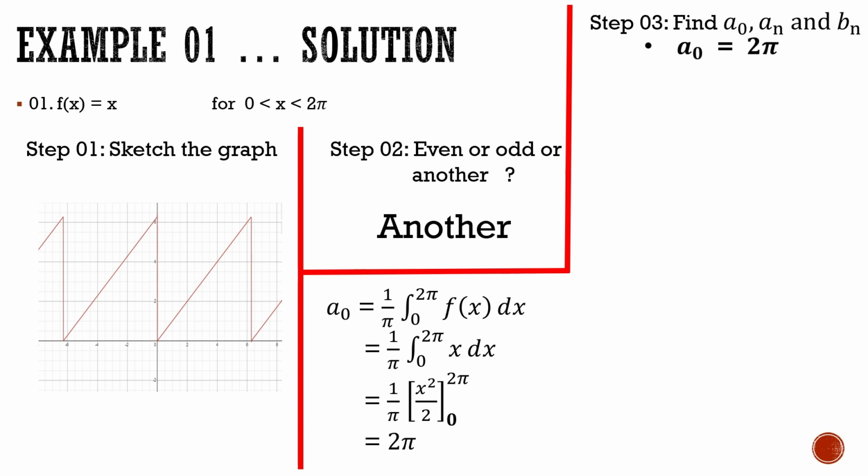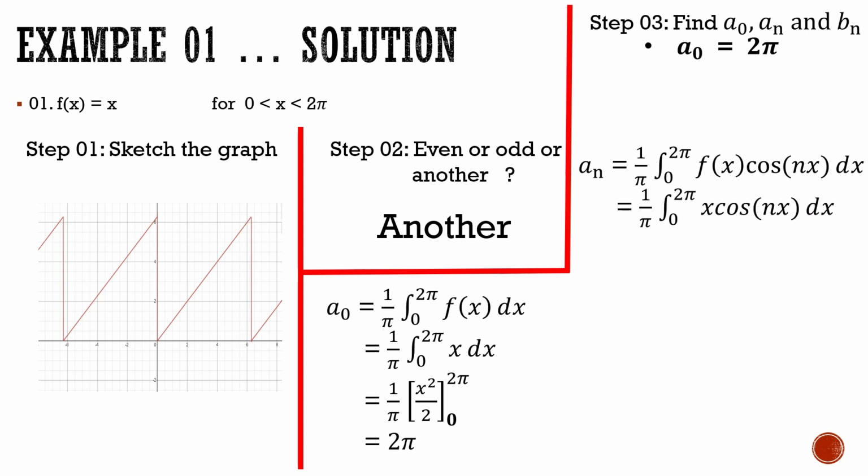Then we have to find an. an is equal to 1/π ∫ from 0 to 2π of f(x) cos nx dx. After substituting f(x) as x, 1/π ∫ from 0 to 2π of x cos nx dx. After simplifying this equation, we can get the final answer an equals 0.